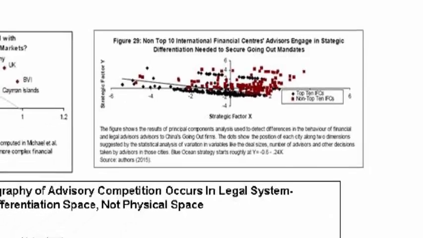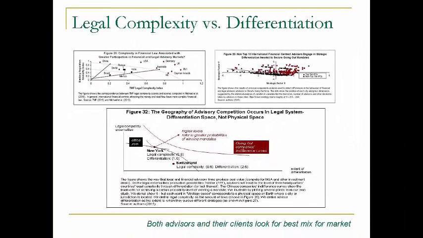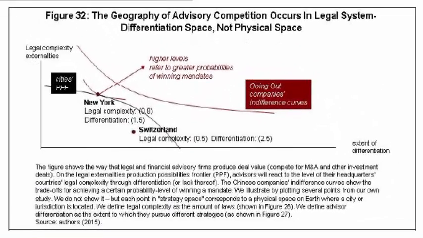Now, stepping back and thinking, okay, well, all this data is nice, but what's your theory? What's your view? I mean, what story are you telling about the way legal complexity and differentiation work in order to help Chinese companies get deals done and to help advisors get mandates? And so, of course, following the traditional economic method of analysis, we look at two sides of the market.